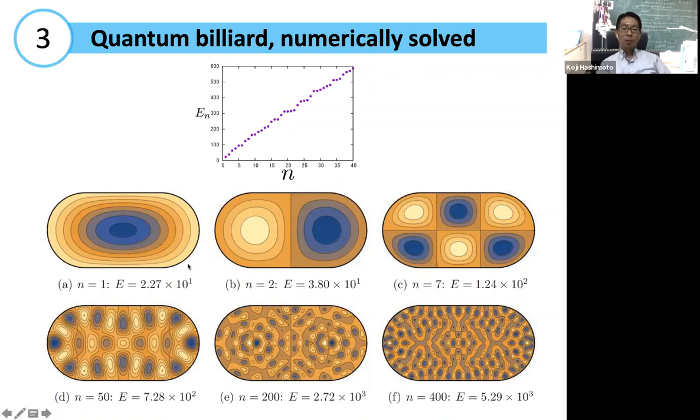This is the wave function squared for, say, n equal to 1, 2, 7, 50, 200, and 400. And it looks periodic. However, if you go to higher energies, then the behavior near this part looks non-periodic. So this is an indication of chaos.